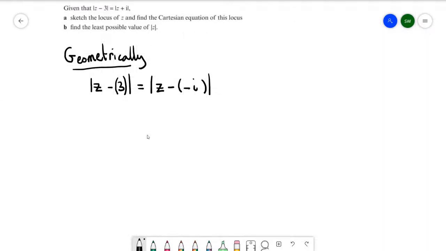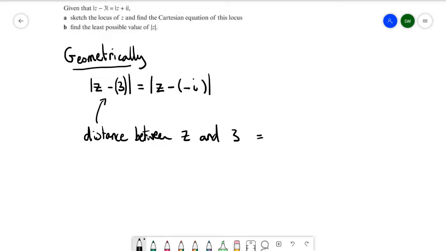So remember what this means geometrically. We've got one complex number take away another complex number. So this is the distance between z and 3. And remember, 3 is just like a coordinate, it's a point on the Argand diagram.